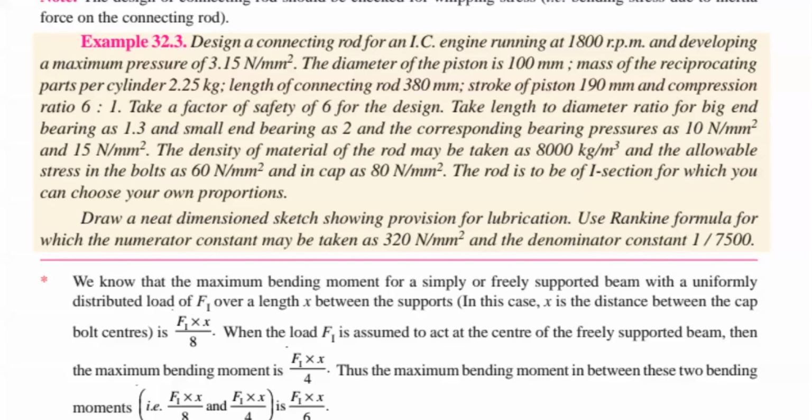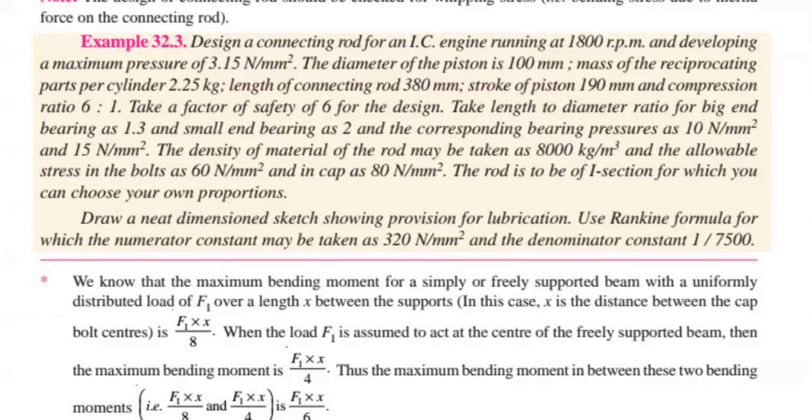Now the problem: design a connecting rod for an IC engine running at 1800 RPM and developing a maximum pressure of 3.15 Newton per mm square. The diameter of the piston is 100 mm.